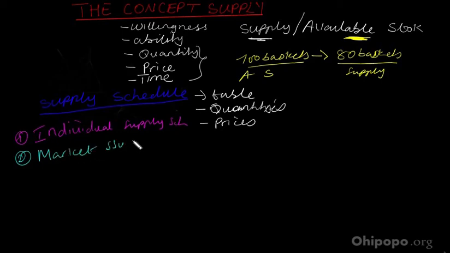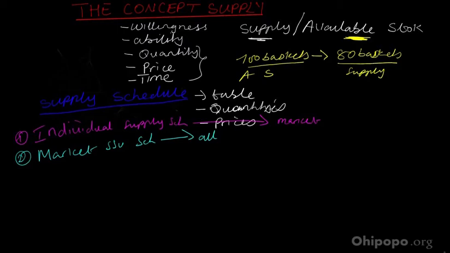Okay, now as I earlier said, the individual supply schedule is what an individual supplier places in the market, while market supply is the summation of all what the individual suppliers place in the market.